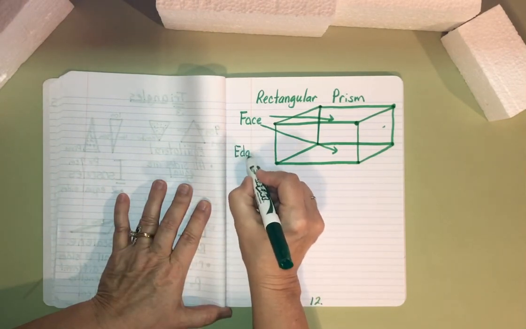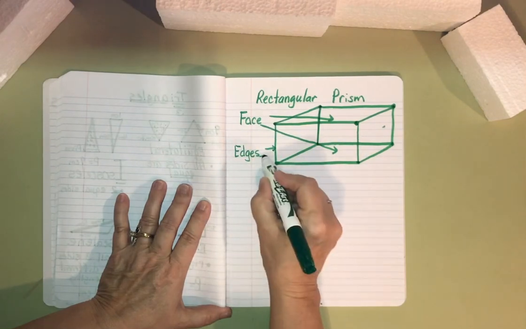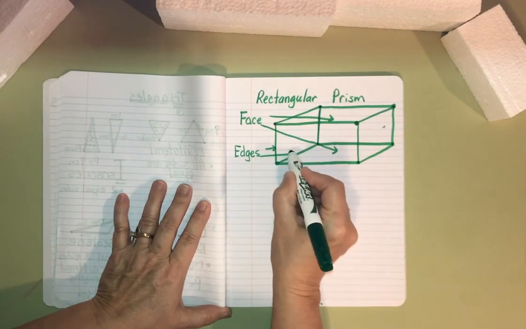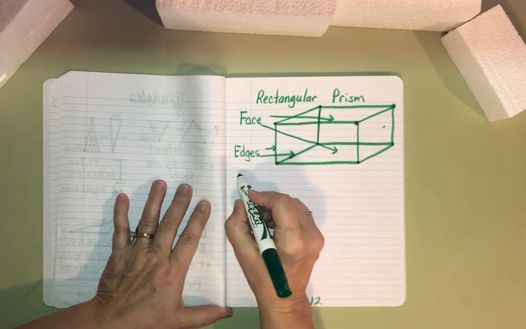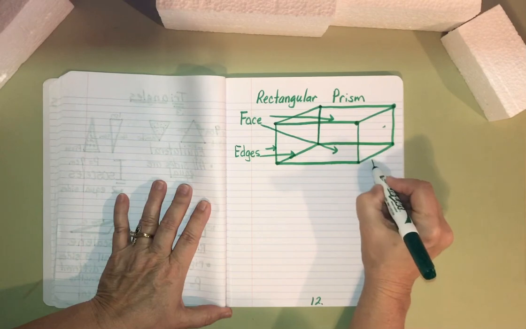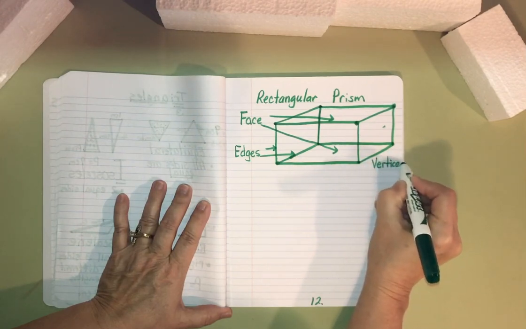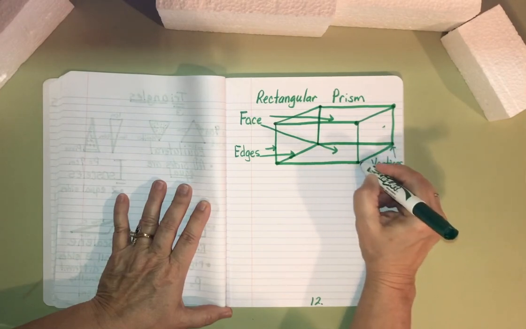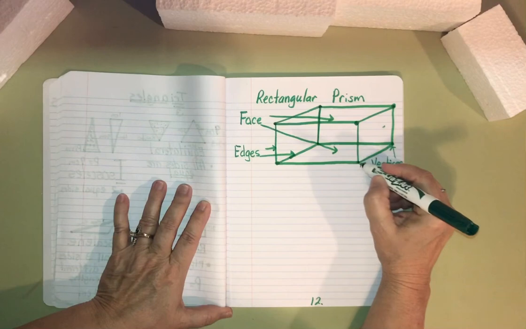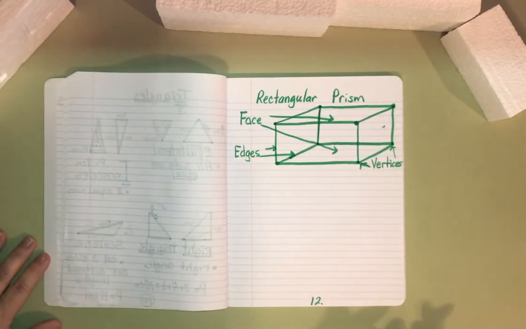So for our edge, or our edges, let's draw our arrow pointing right to the line. All right? And then of course we've got our vertex, or in this case vertices because there's more than one, and we'll draw arrows pointing right to the corners.